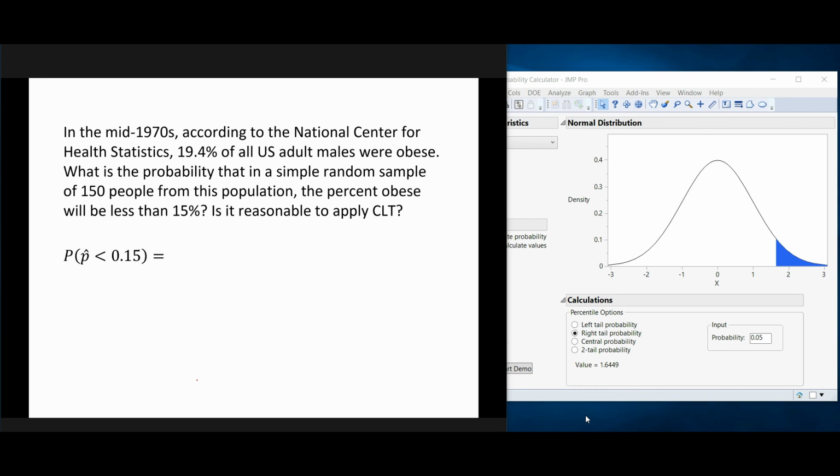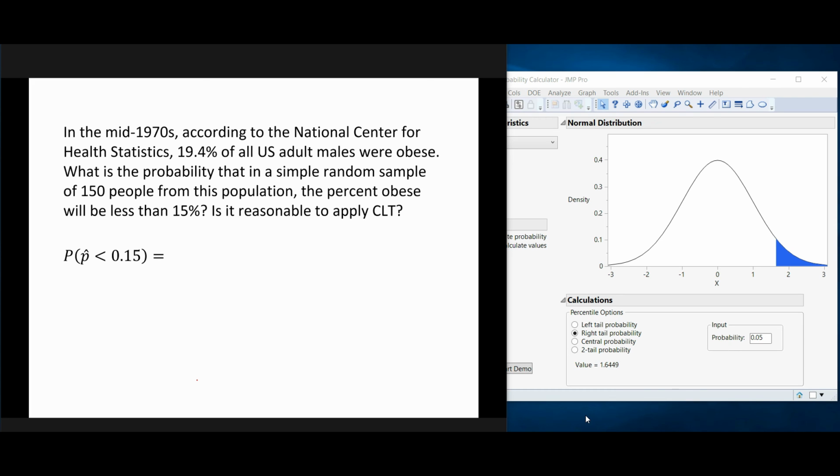Okay, so let's take a look at this example. In the mid-1970s, according to the National Center for Health Statistics, 19.4% of all U.S. adult males were obese. What is the probability in a simple random sample of 150 people from this population the percent obese will be less than 15%? So is it reasonable to apply the central limit theorem?